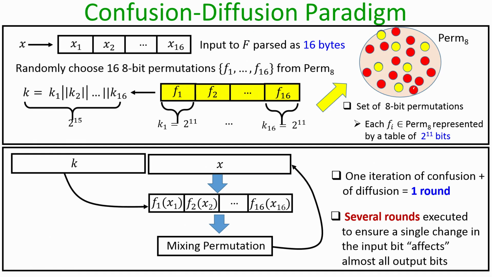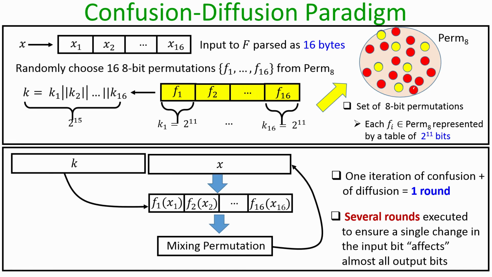By repeating this process for several rounds, it is ensured that even a single change in the input bit affects several output bits, because in every iteration the mixing permutation causes the bits of the intermediate output to shuffle around. That is what creates diffusion from the viewpoint of the adversary, and that is why it is called the confusion-diffusion paradigm.